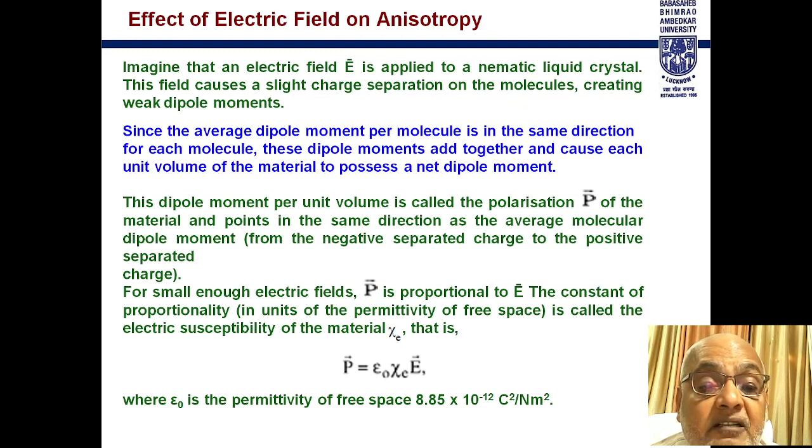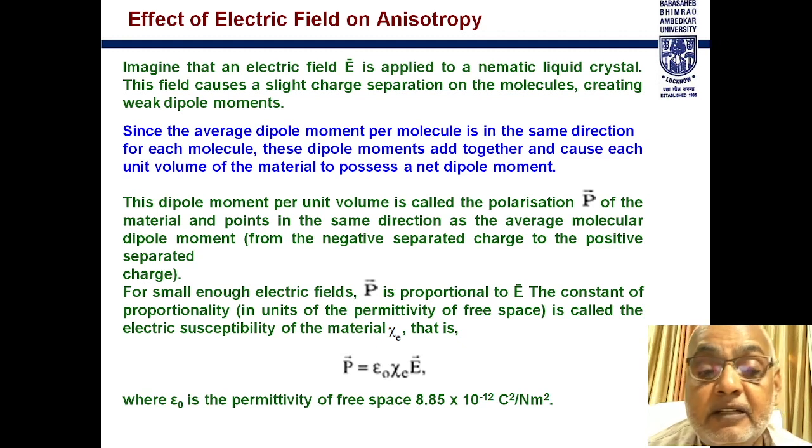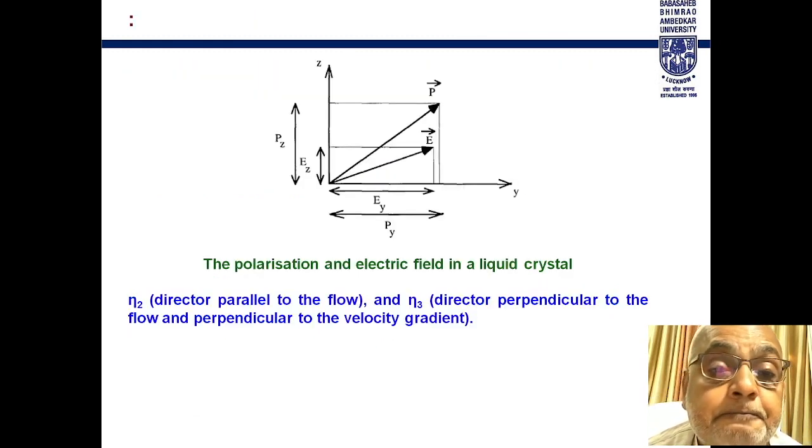For a small enough electric field, polarization is proportional to the electric field. The constant of proportionality, in units of the permittivity of free space, is called the electric susceptibility of the material, chi e, that is, vector P is equal to epsilon 0 chi e vector E, where epsilon 0 is the permittivity of free space, that is 8.8 times 10 to the power minus 12 C squared per N m squared.